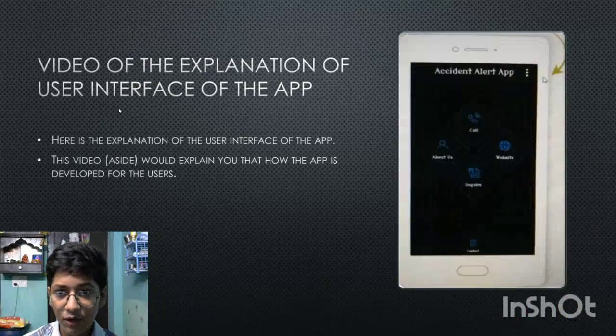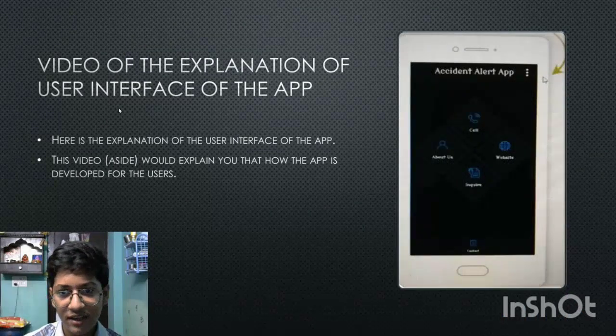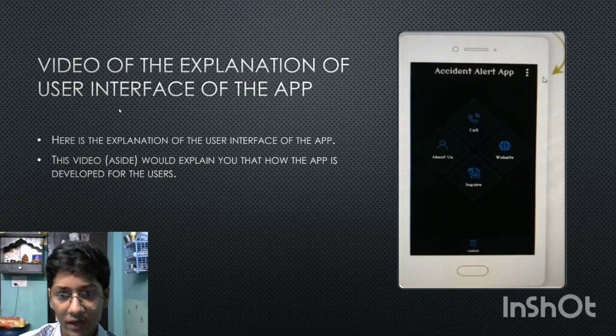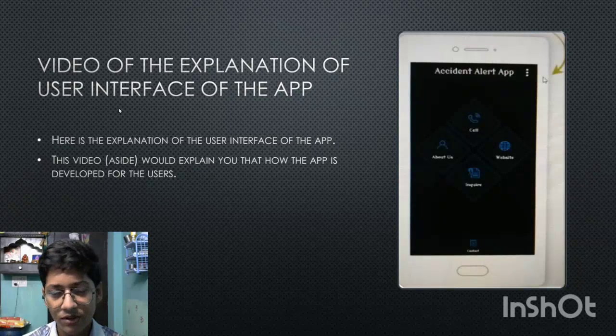So let me now explain the UI of this application. As you can see, there is a simple home page and then there are three dots at the corner. Those three dots give you options for notifications, search, rating, and share. Rating and share are self-explanatory and will be done by the user if they wish. The notifications and search are important.